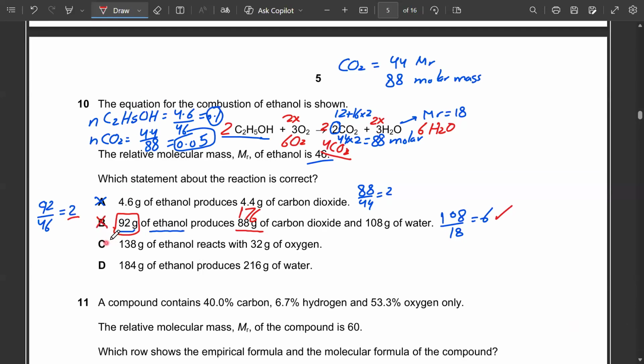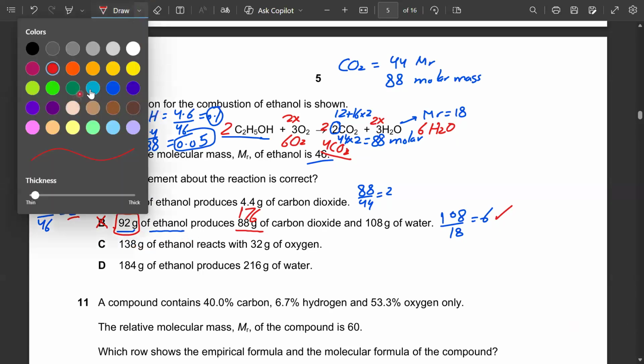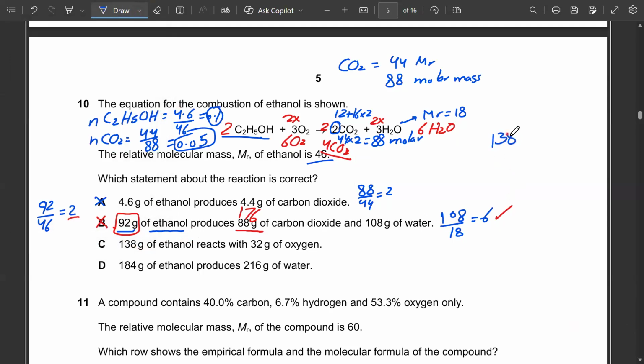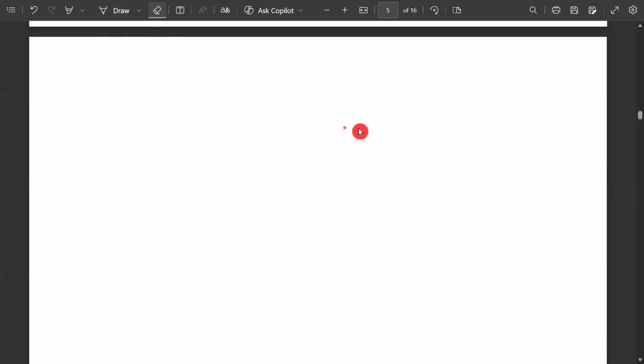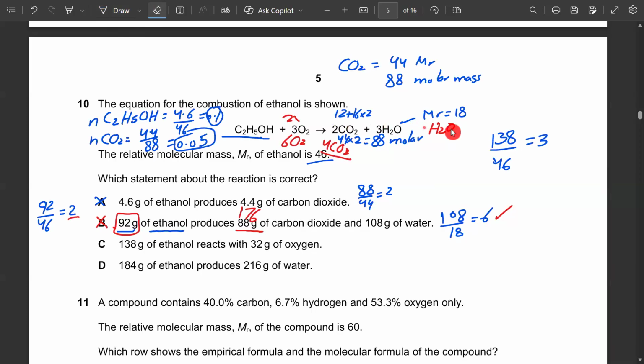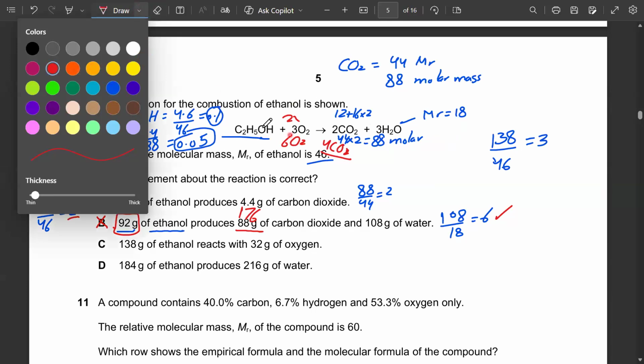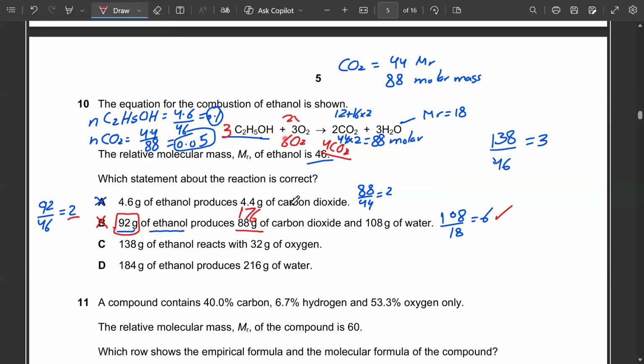B is also wrong. Then C part. C part says 138 gram of ethanol reacts. So let's see how much this becomes in terms of moles. So 138 divided by the MR of the ethanol, which we know is 46. Now this is equivalent to 3 moles. If you consider 3 moles for the ethanol, that would also mean all the other substances must be multiplied by 3 times.